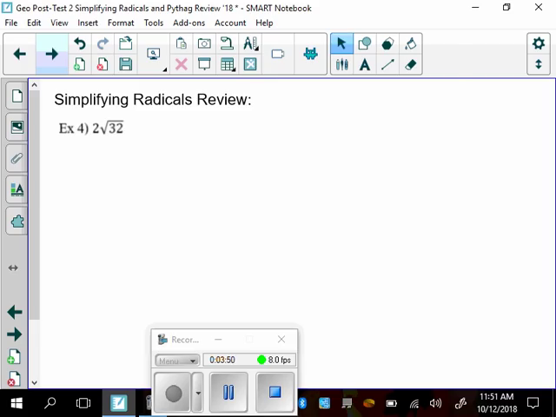Okay, the last example has an extra constant out in front of it. So what we have to remember is at the end of this one, we're going to multiply our results by 2. If I'm thinking of which perfect square goes into 32, there's actually 2 of them. 4 and 16 go into 32.